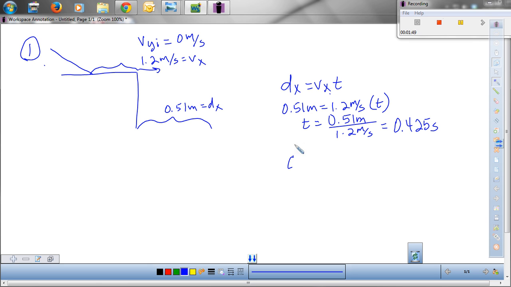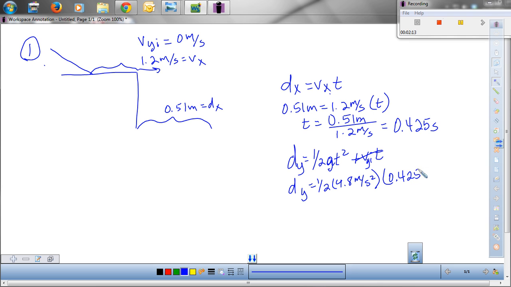So if I want to know the height of the table, I say d is equal to 1/2 at squared plus Vit. Now I'm talking about the y-axis, so this is going to be dy, and this is going to be gravity, and this is going to be the initial vertical velocity. We said that was 0. So the height of the table is 1/2 of 9.8 meters per second squared times 0.425 seconds squared.